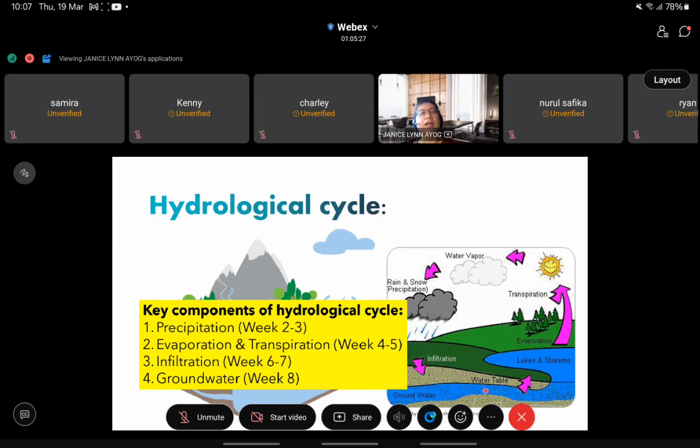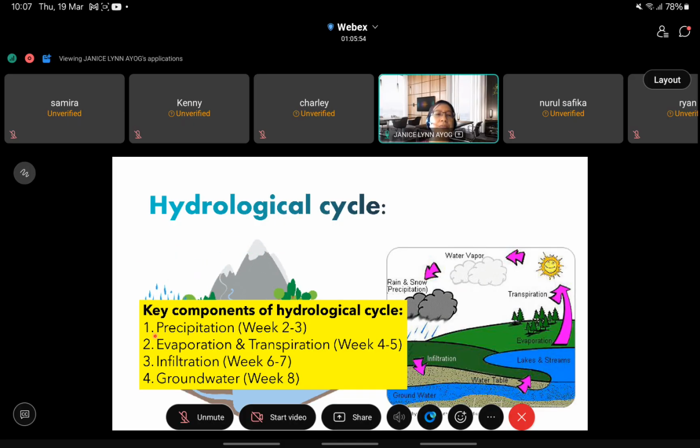In this course, we are going to cover the key components of the hydrological cycle. There are a lot of processes, and I don't think we're able to cover all of them, so we're just going to touch on the main components, or as we go along the course, we'll call them processes.